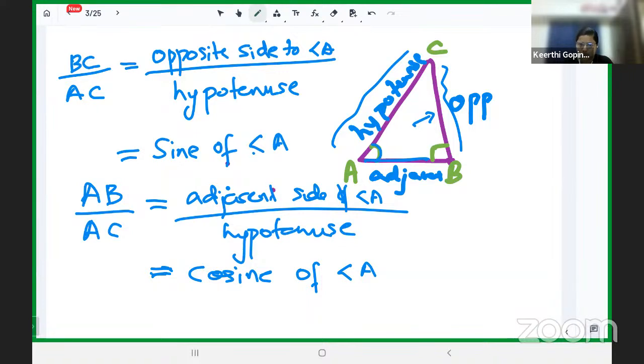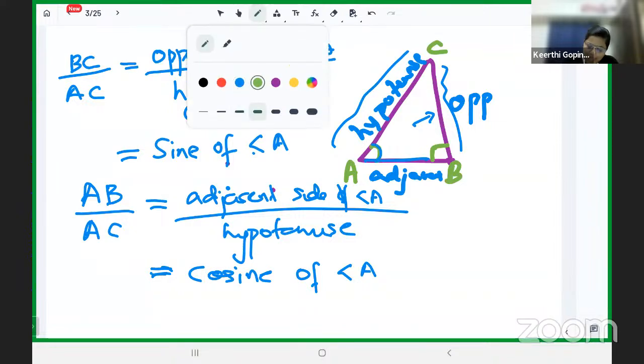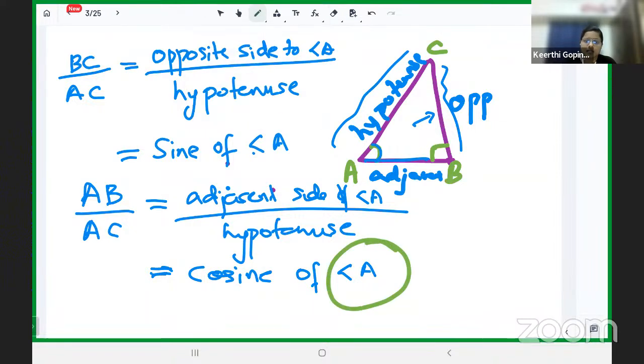So here what we are doing is connecting angle with the sides of the triangle. Whenever we connect angles with the sides of a triangle, the ratio that is obtained is called a trigonometric ratio, and we are giving a name to all these ratios.